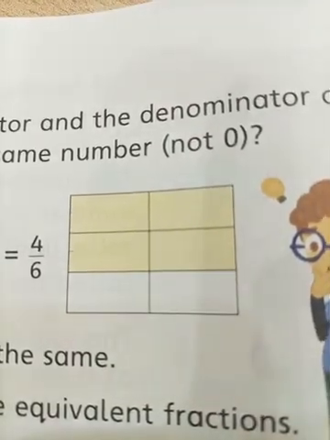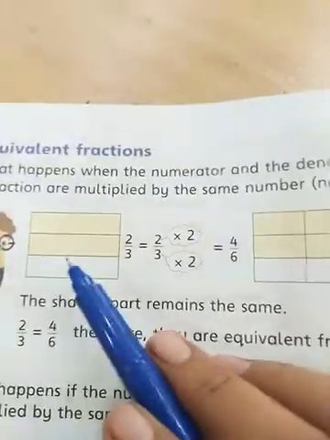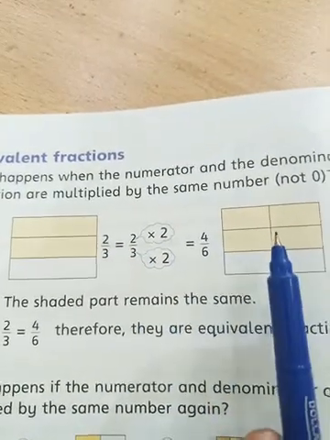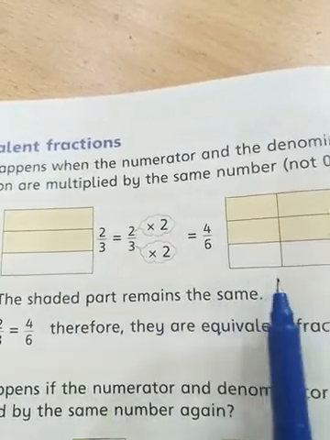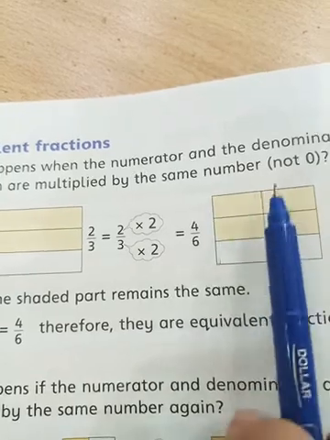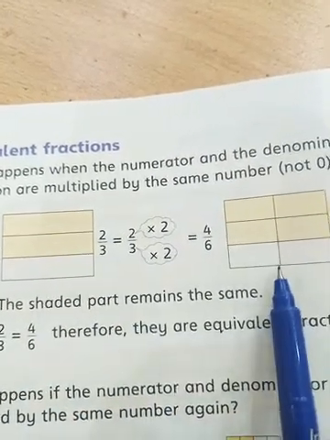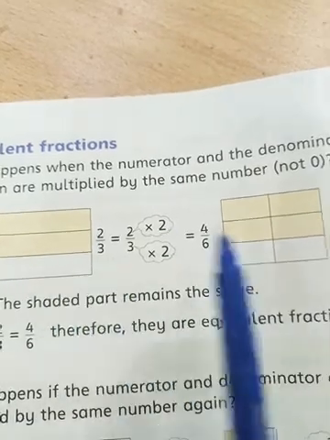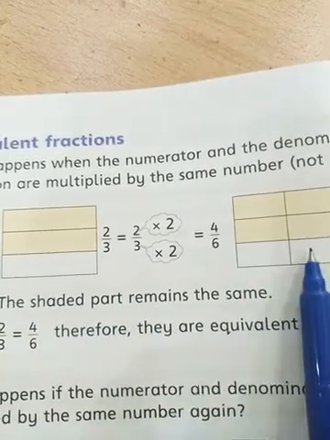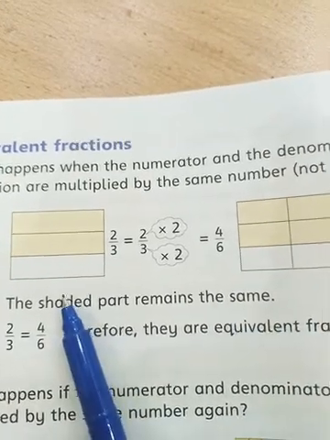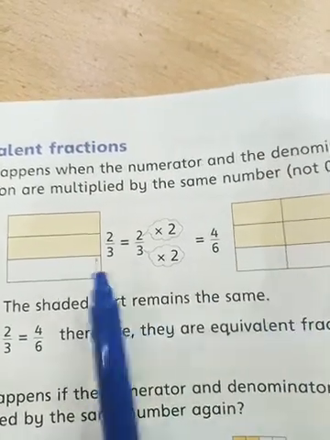Now students, compare both of the shapes. Look at this, here in this shape and in this shape, the colored part is equal. The colored part will remain the same. Okay students, look at this, here this part is colored, same with this part. This part is not colored, again the same with this. So students, the number of parts are changed in both of the shapes, but the colored or the shaded portions are the same.